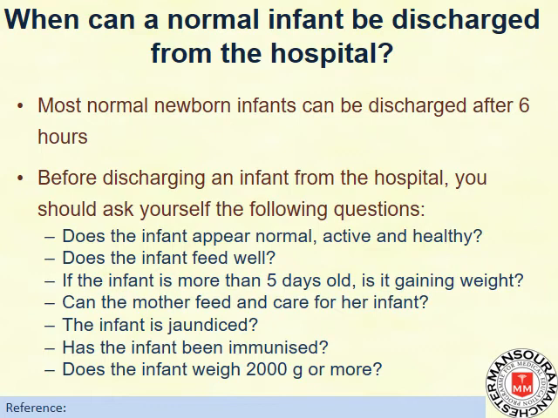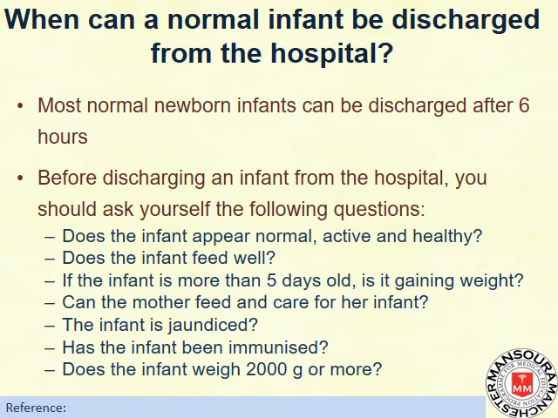If the infant is more than 5 days old, is he gaining weight or not? Because usually in the first 3 to 5 days after birth, there is physiologic weight loss. After that, the baby is gaining weight. Can the mother feed and care for her infant? Is the infant jaundiced or not? Has the infant been immunized or not?